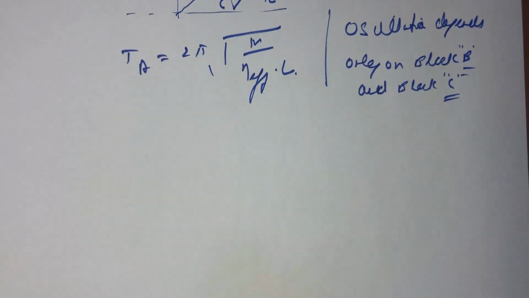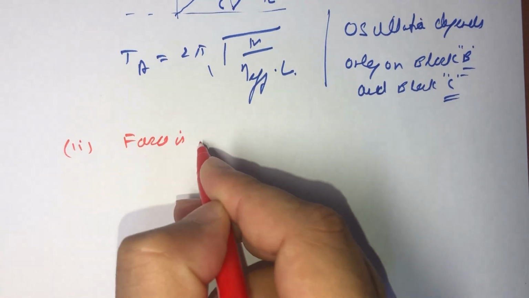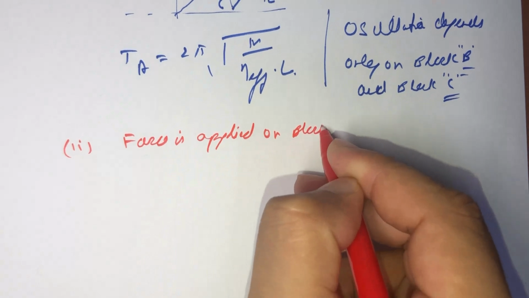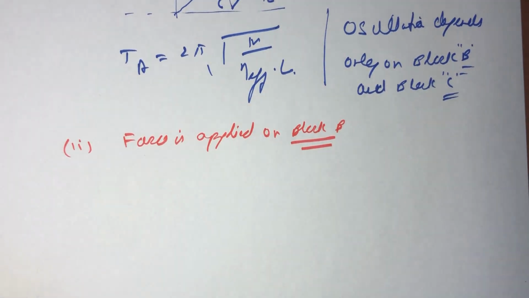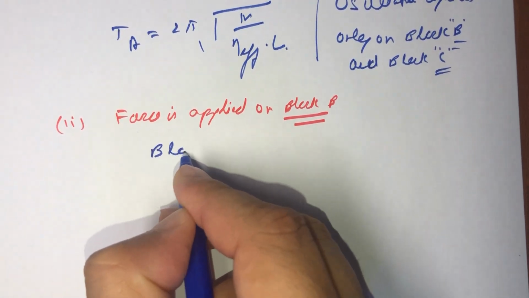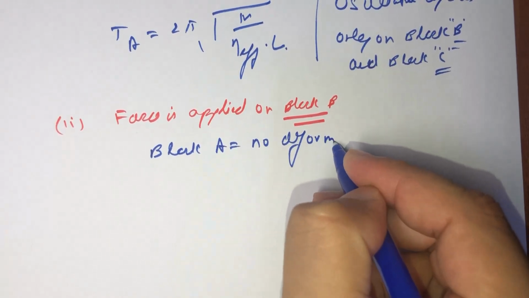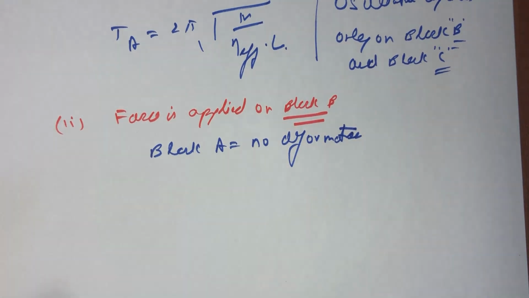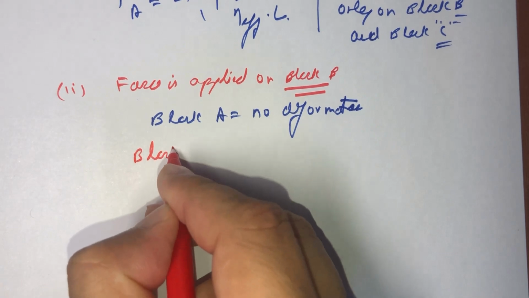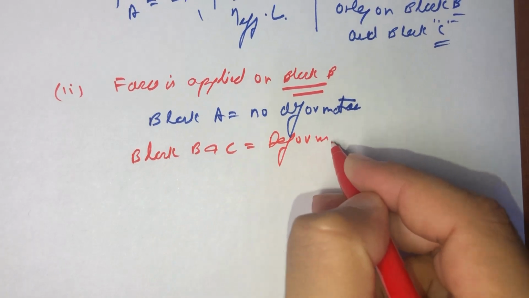Now we say the force is applied on block B. In short, block A will have no deformation, and blocks B and C will have deformation.